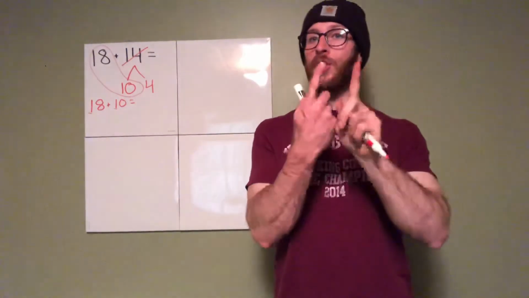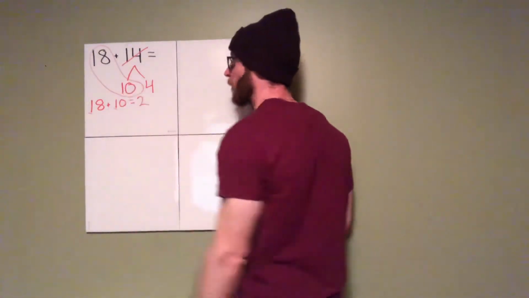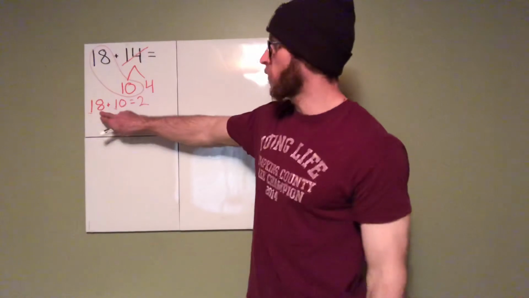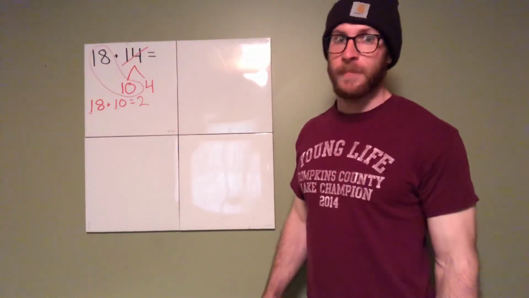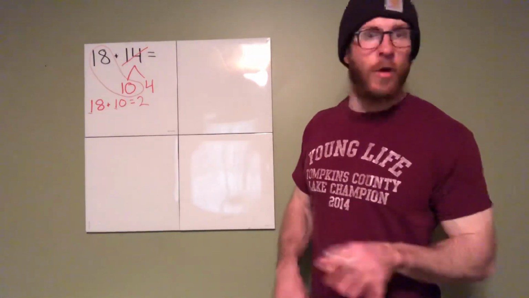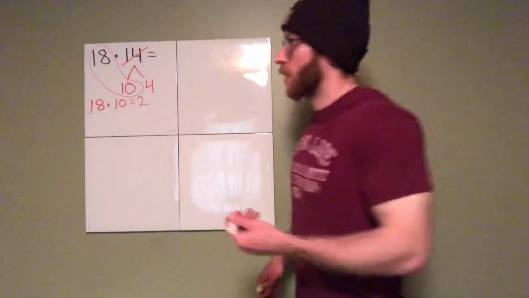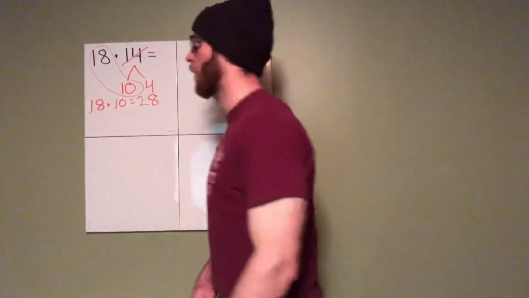Not just 2, it's 2 10s. We have 2 in the 10s place. And then if we look at our 1s place, I have 8 plus 0. What's 8 plus 0? It's 8. If you have 8 cookies and I give you 0 cookies or no more cookies, you still have 8 cookies. So we have 18 plus 10 equals 28.